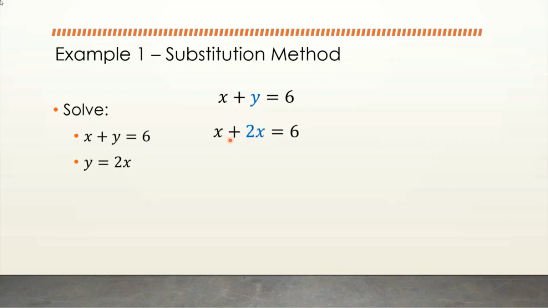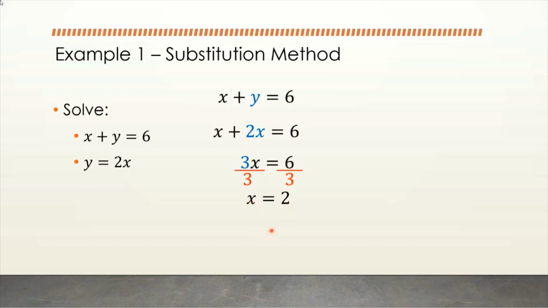Now I just have x plus 2x equals 6. Notice that it's just in terms of x, so now I can solve for x. x plus 2x is 3x, so that's 3x equals 6. Now I can divide both sides by 3, and I get x equals 2. 6 divided by 3 is 2.